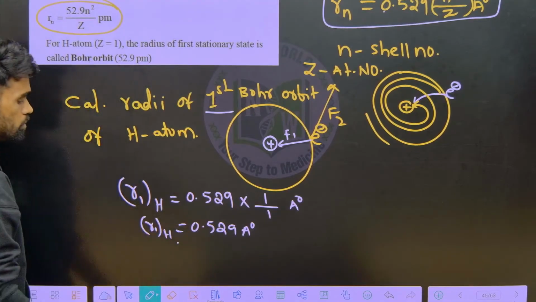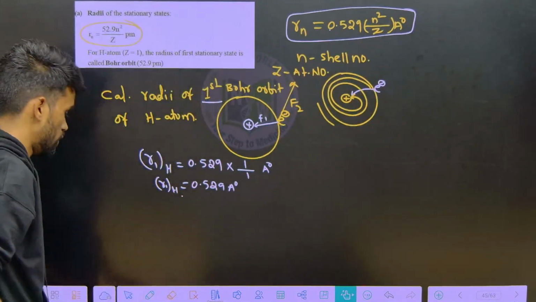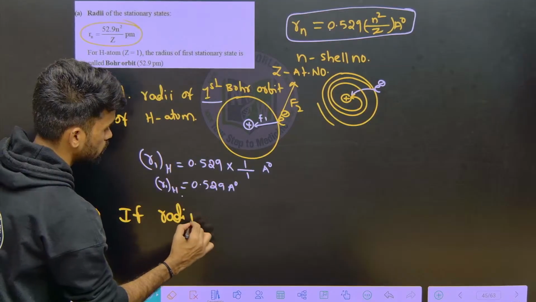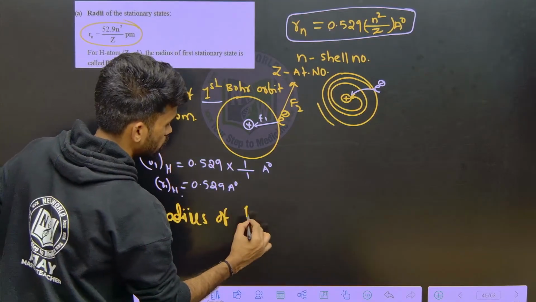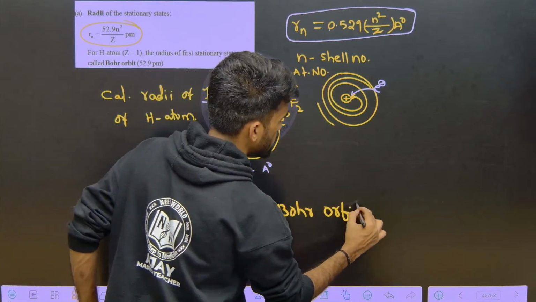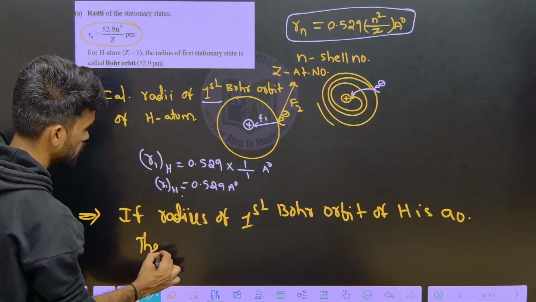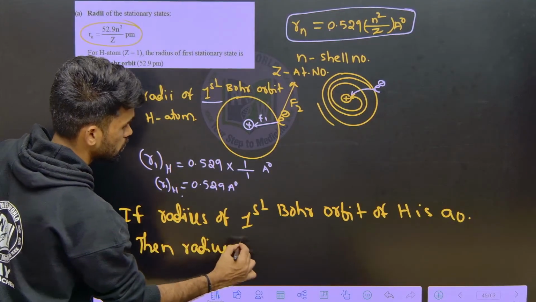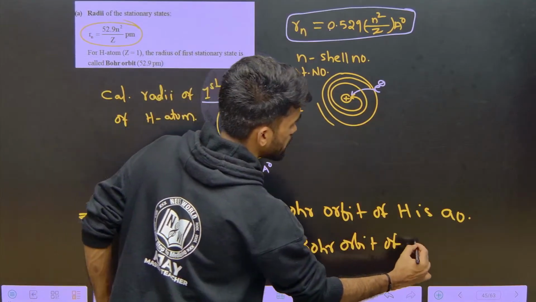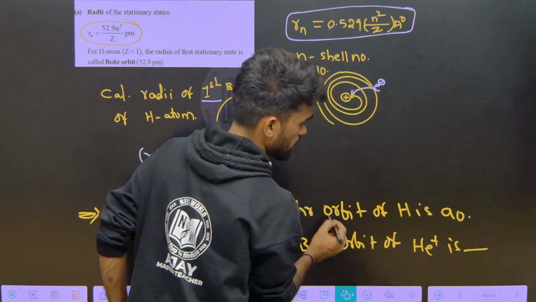Now in the exam, they will ask you a question like this. If the radius of the first Bohr orbit of hydrogen is A0, then the radius of the third Bohr orbit of helium ion is dash in terms of A0.